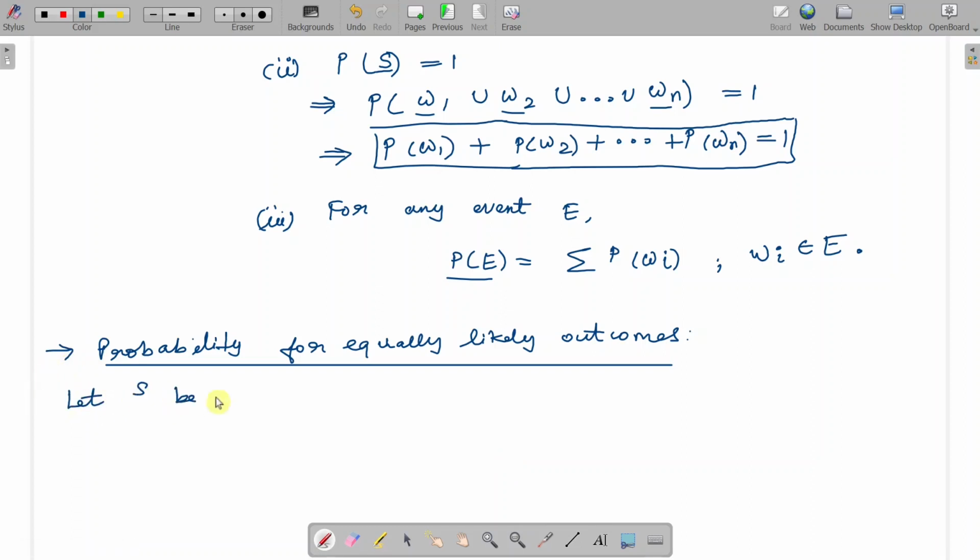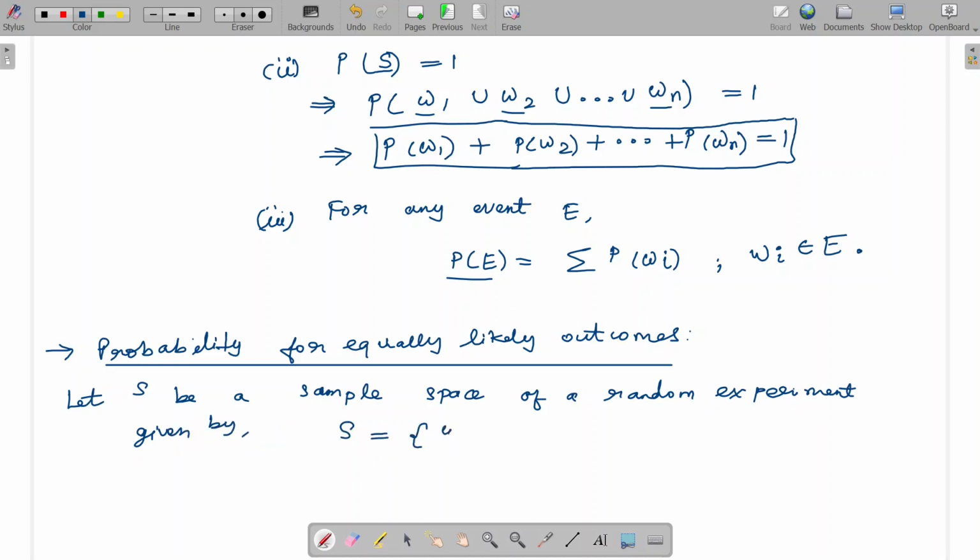Let S be the sample space of a random experiment, given by S equal to the set {omega 1, omega 2, up to omega n}. Okay, this is the sample space of a random experiment.